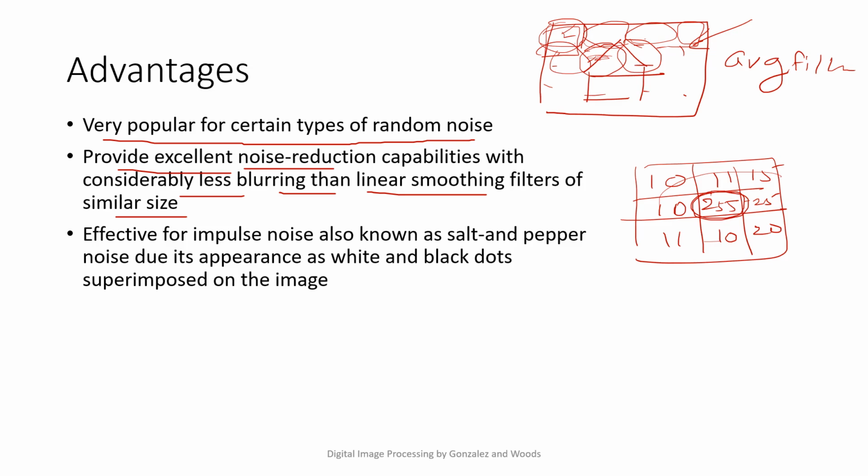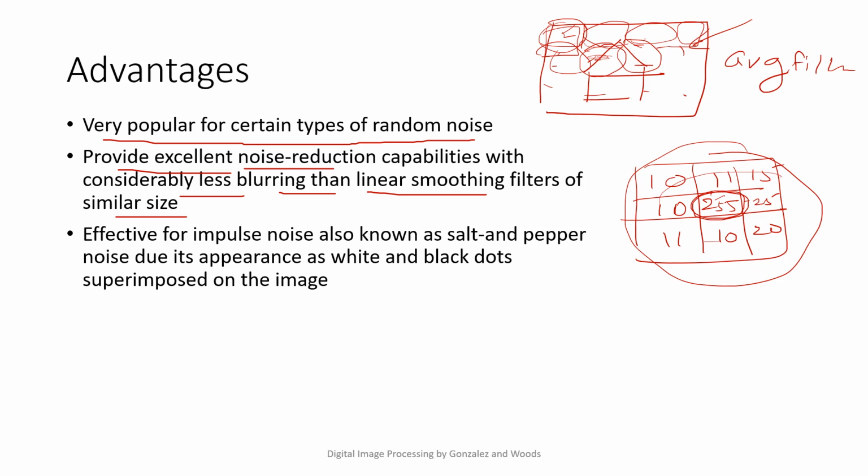We may get values like 20 point something, which may not be present in the original image. So we are introducing a new gray level value in the case of the averaging filter, which is not desirable. But in the median filter we use a value which is already present in the image, one of these 9 values, and only that we write here.